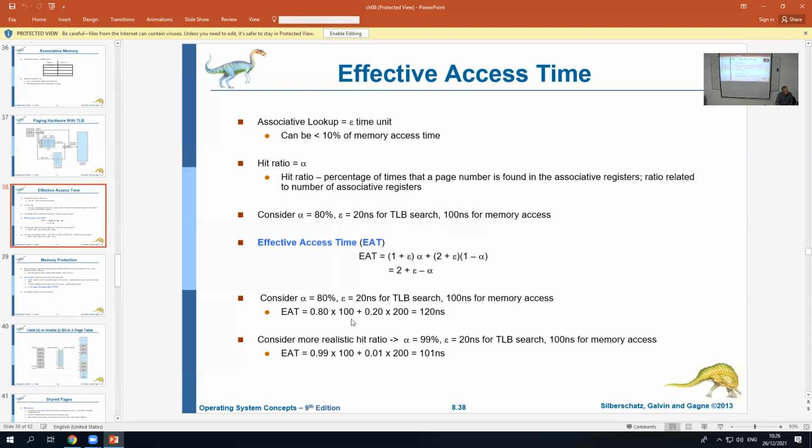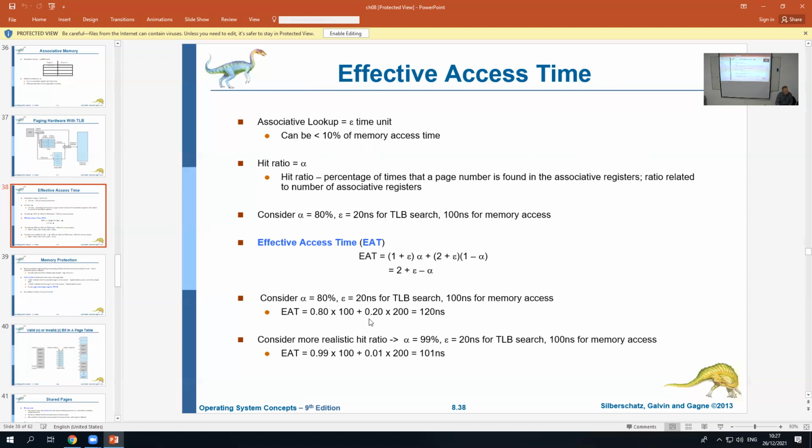And 20% of the time, it's 2 reads. So 0.80 times 100 is 80, plus 0.2 times 2 times 100 is 40. So 40 plus 80 is 120.